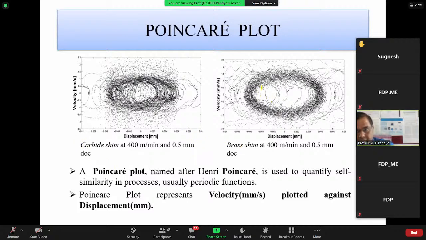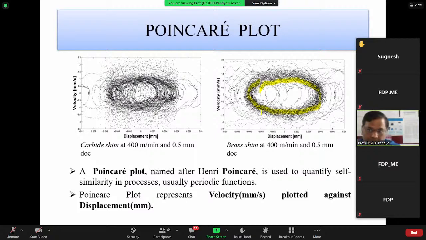From the dynamic motion behavior, one can say that brass is better than carbide. But brass has a lower damping ratio, meaning the stable region decreases.